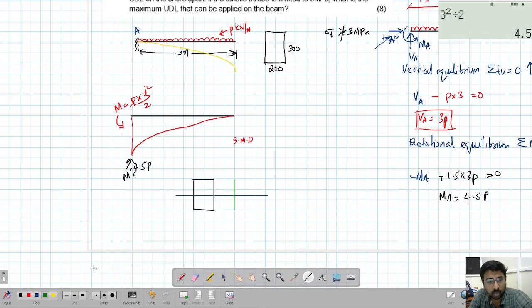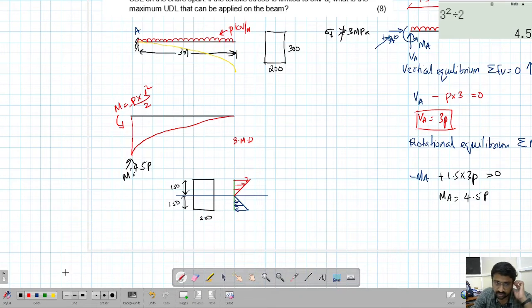Hogging means the top portion will be in tension and the bottom portion will be in compression. For a rectangular section, because of symmetry, this distance will be half of the depth, that is 150, and this is 200. This is again 150.